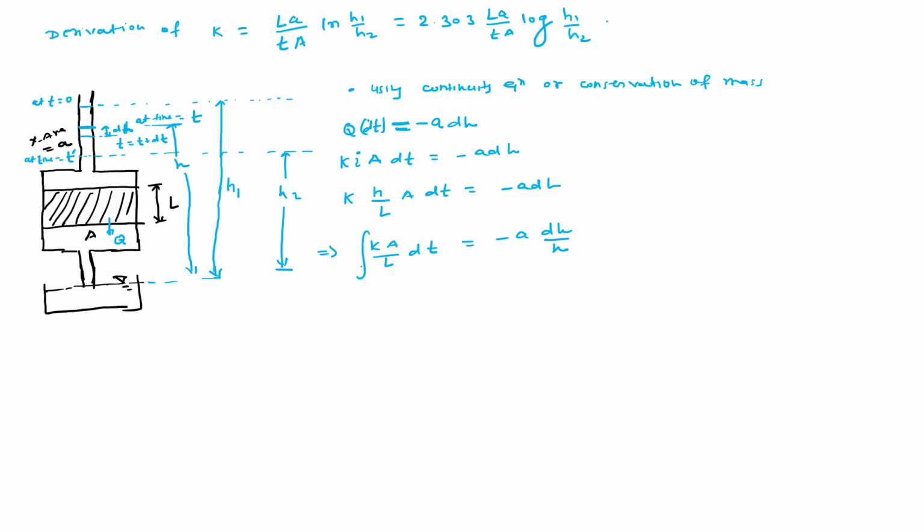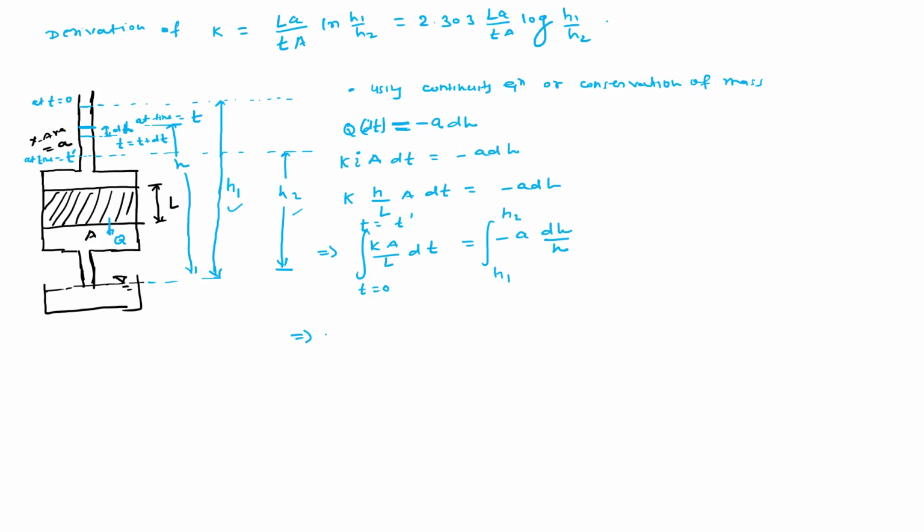Now integrate both sides. At t equal to 0, the head is H1, and at time equal to t prime, it is H2. Here t prime is the time taken to fall the water level from H1 to H2.